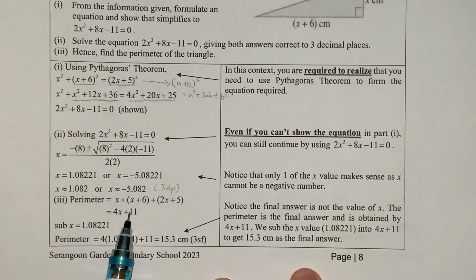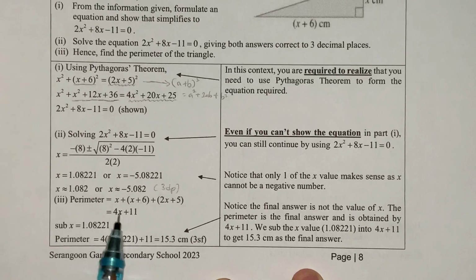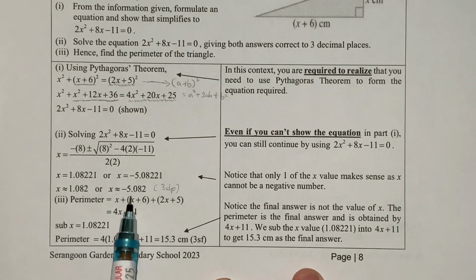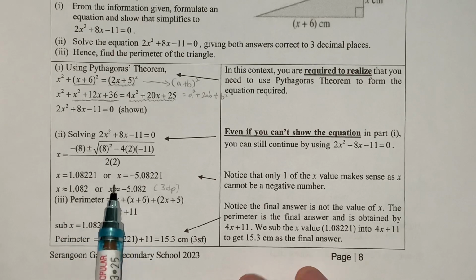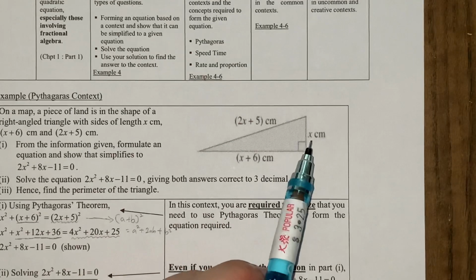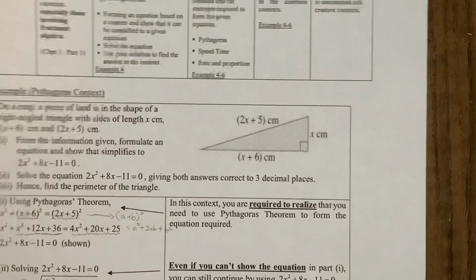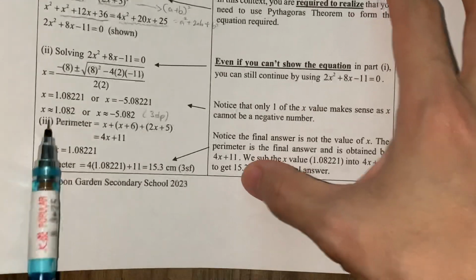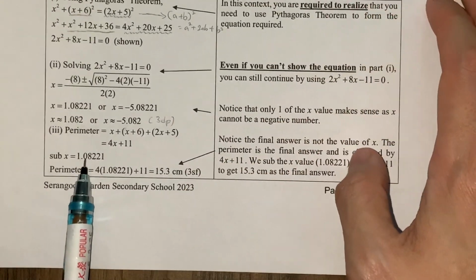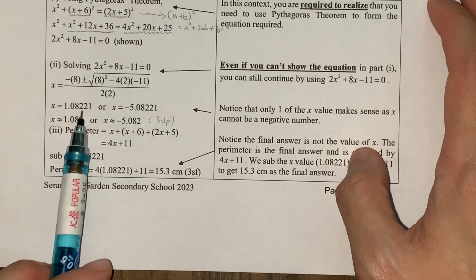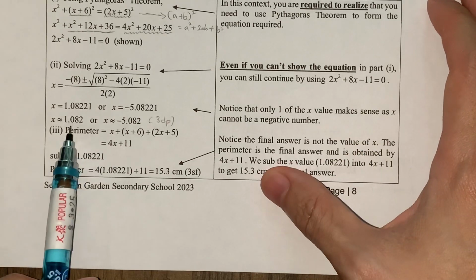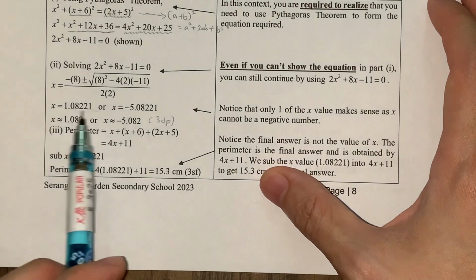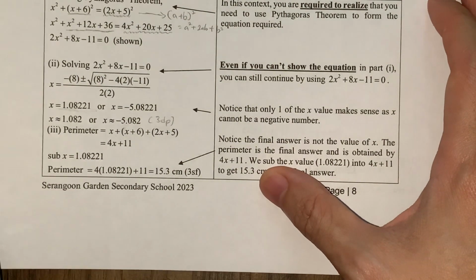Then I need to sub the x in. You can see there are 2 choices here: either 1 point something or negative 5 point something. Common sense tells you that if one of the sides is x, then clearly x must be positive. It makes no sense that it's negative. So you sub the 1 point something, and notice I used the longer decimal, not the rounded one. Very important.